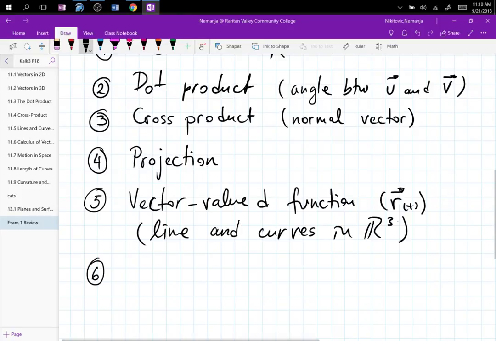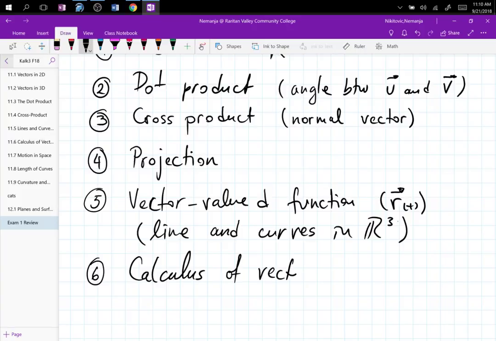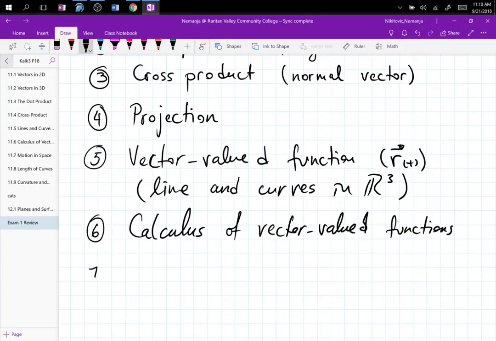So number 6, calculus of vector valued functions. Then we have number 7.